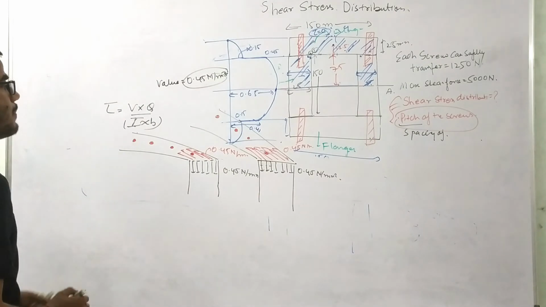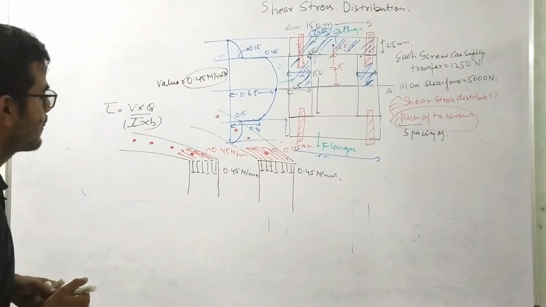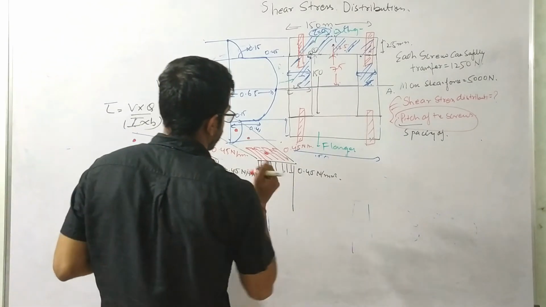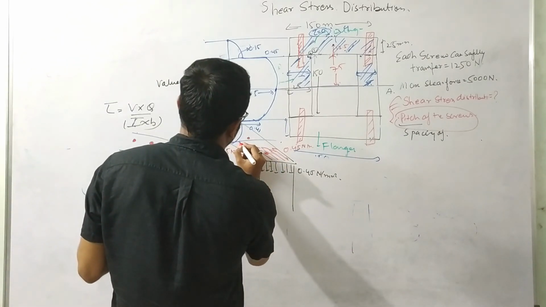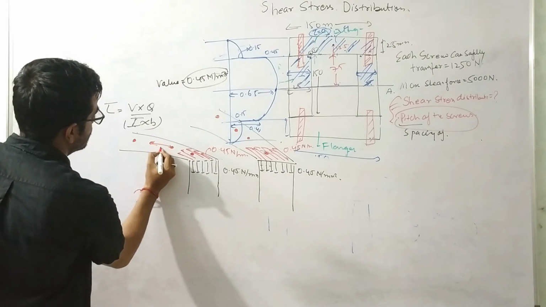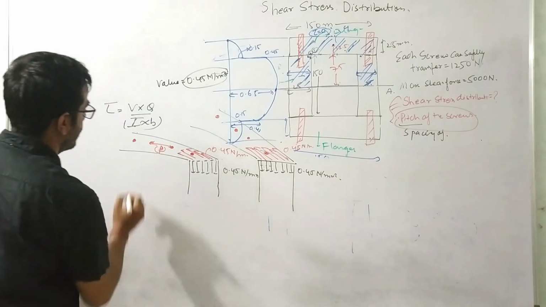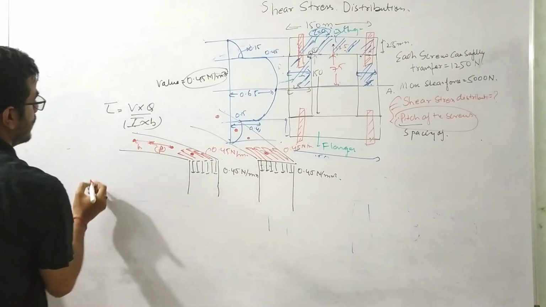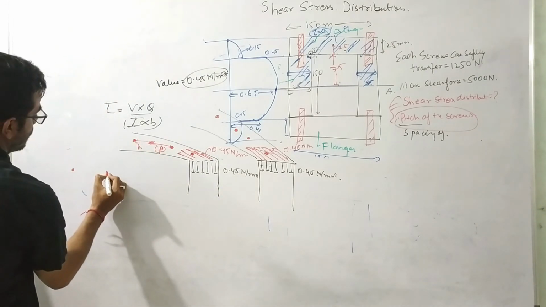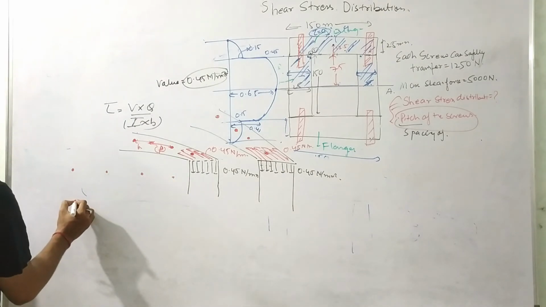Now you can see that if this is the pitch of the screws, let us denote it by small p. Small p, pitch of the screw. If these are my screws over here, these are the screws connected to the beam.